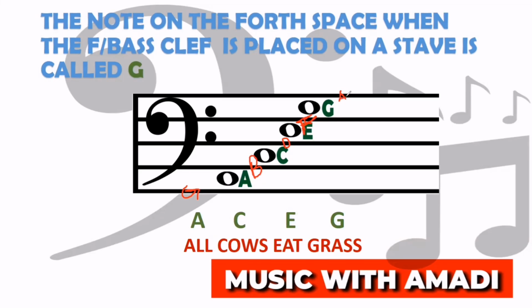So this is how the bass clef affects the notes on the staff. When the bass clef is placed on it, the first line becomes G, the first space becomes A, the second line becomes B, the second space becomes C, the third line becomes D, the third space becomes E, the fourth line becomes F, the fourth space becomes G, and then the fifth line becomes A. Let's clean this up.